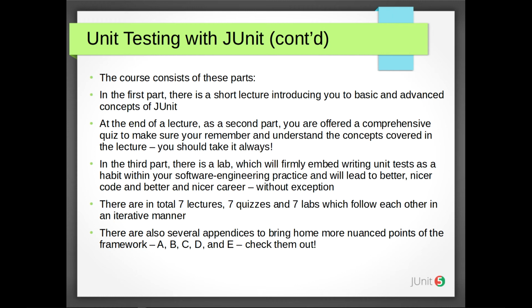There are in total 7 lectures, 7 quizzes, and 7 labs, which follow each other in an iterative manner. There are also several appendices to bring home the more nuanced points of the framework, A, B, C, D, and E, so you should check them out, especially Appendix A, which delves into an experimental API for JUnit called Parallel Unit Test Processing.